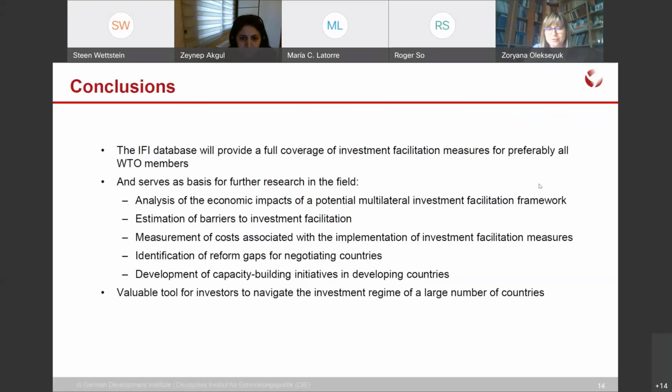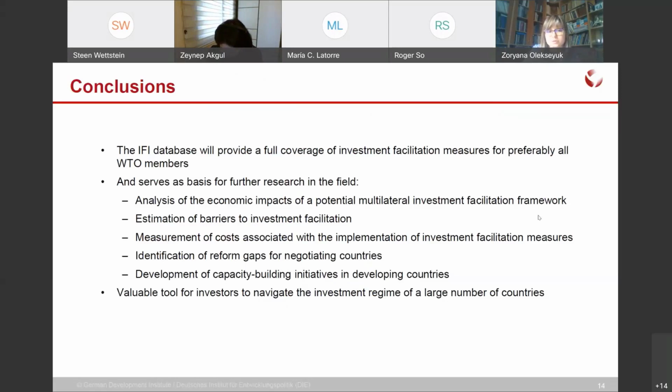Ali can probably tell more about how hard it is for some small countries to find the data. But nevertheless, we will try to preview the database so it can serve as a basis for further research in the field, including analysis of the economic impacts of a potential multilateral investment facilitation framework, estimation of barriers to investment facilitation that's going in line with trade facilitation, and Eddie will probably talk more about it today.